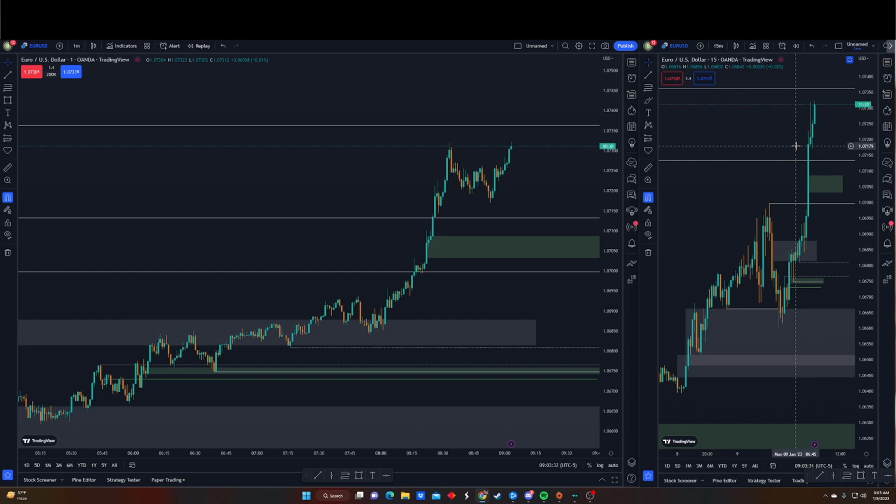I like to use order blocks in conjunction with other theory or other confirmations. I was just not comfortable opening a long in that area.